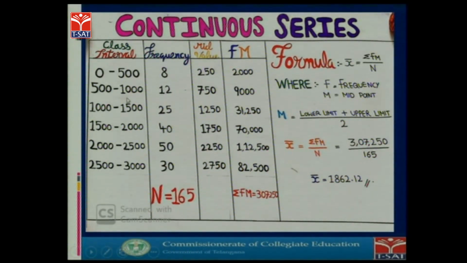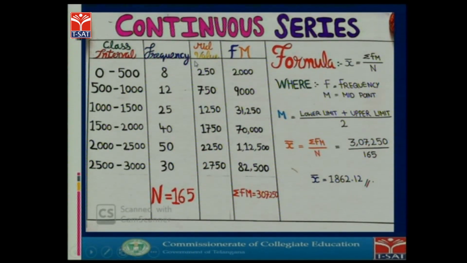Same, 500 plus 1000 is equal to 1500 divided by 2 will give us 750. 1000 plus 1500, 2500 divided by 2 will give us 1250. 1500 plus 2000, 3500 divided by 2 will give us 1750. 2000 plus 2500, that is 4500 divided by 2 will give us 2250. 2500 plus 3000 will give us 5500 divided by 2, that will give us 2750.